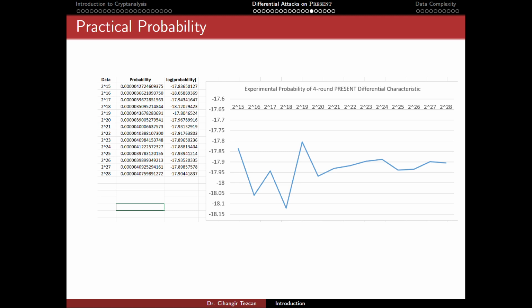I noticed that one of the students was printing every ciphertext on the screen, but if you do that, printing on the screen takes more time than performing the operation, so your CPU would work at 1% or something, so don't make that kind of mistake. Okay, pay attention to optimization.